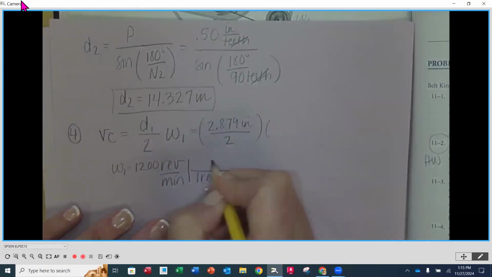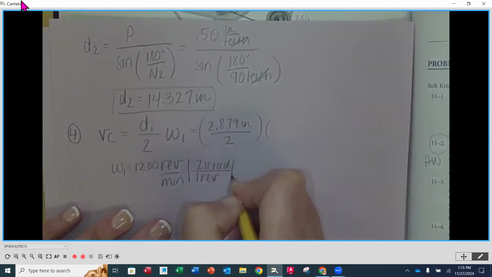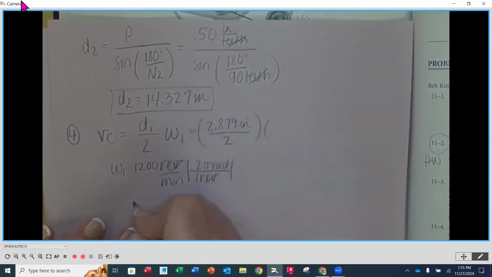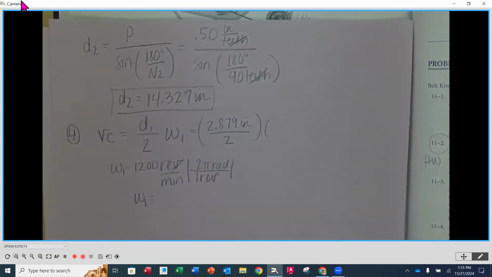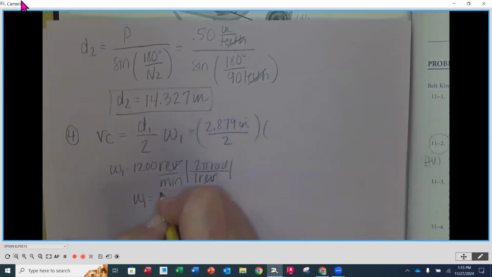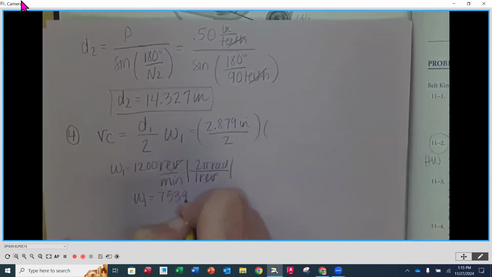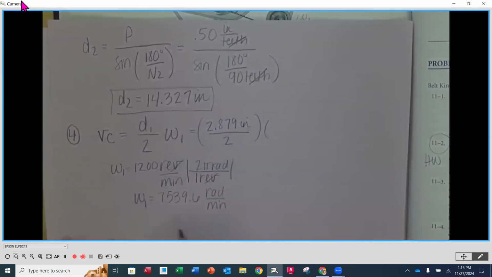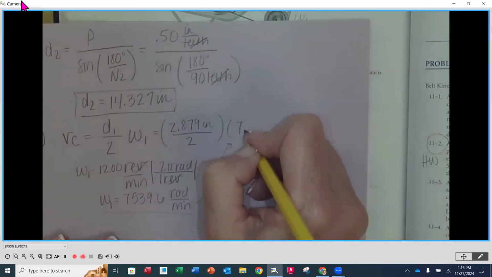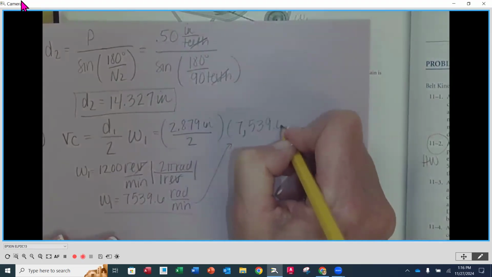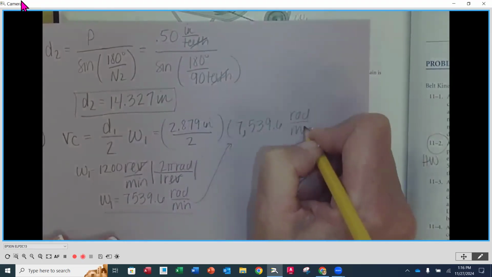So 1 revolution on the bottom, 2 pi radians, revolutions cancel, and my W1 should be 7,539.6 radians per minute. Then this will be the value that I put up there. 7,539.6 radians per minute.